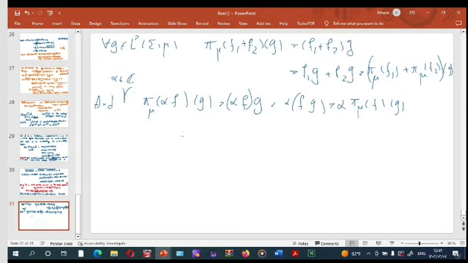So that P mu of alpha f equals alpha P mu of f.